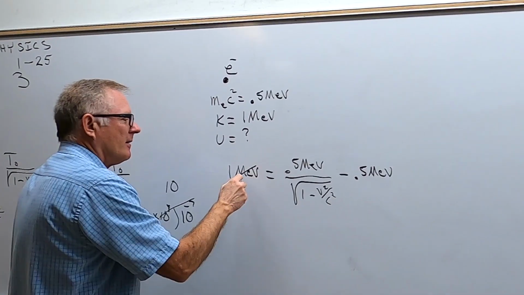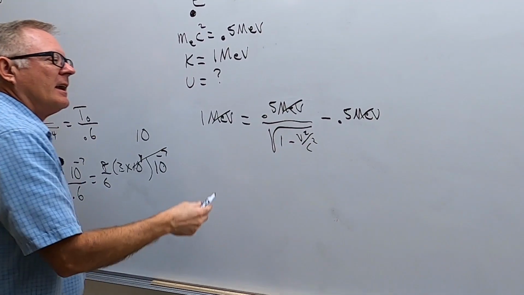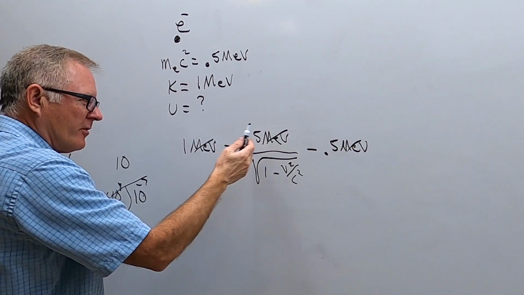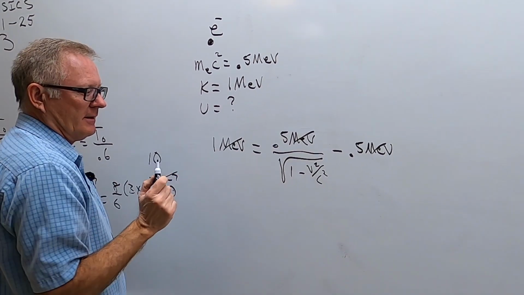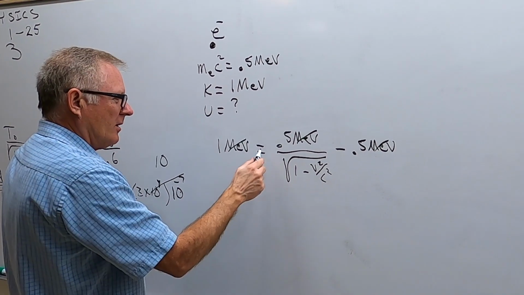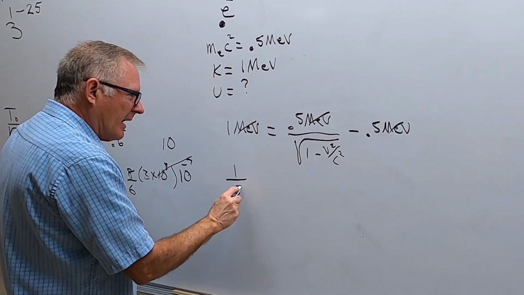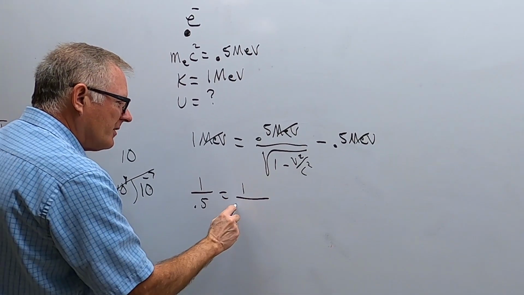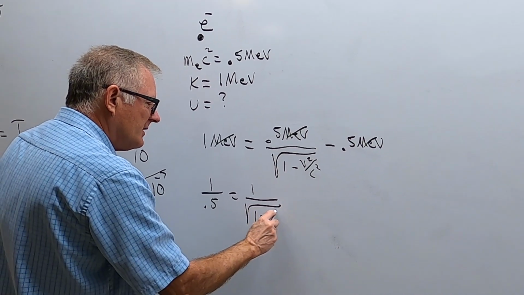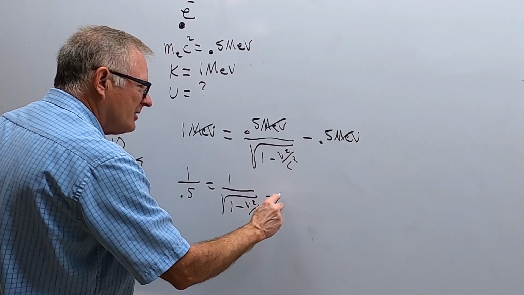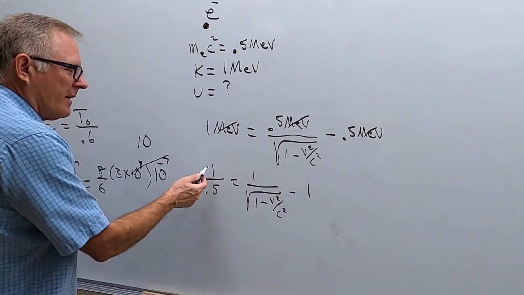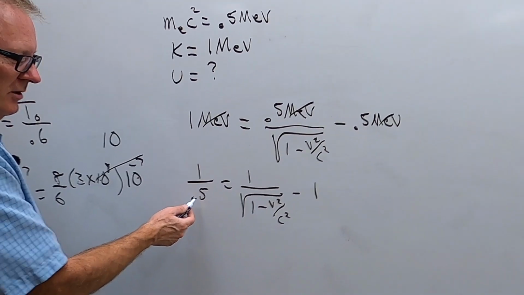Okay, all the MeVs drop out. We can pull out the 0.5 right here and bring it down below. So we got 1 over 0.5 equals 1 over the square root of 1 minus v squared over c squared, minus 1. Well, this is just 2.